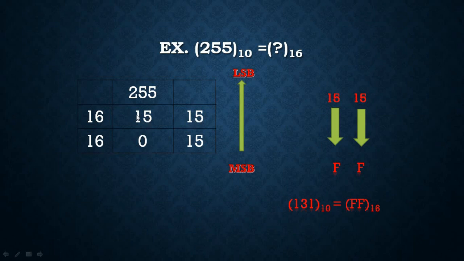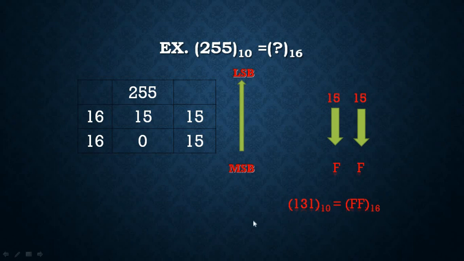Again we divide this quotient by 16, it is not divisible, so we get quotient 0 and remainder 15. Now we convert the remainder 15 into its hexadecimal equivalent. For 15 the hexadecimal digit is F, so the first 15 is F and the second 15 is F. So we write the result as FF to the base 16.